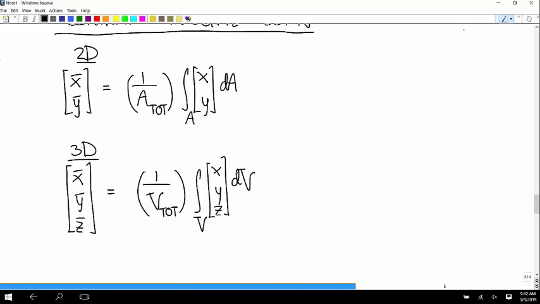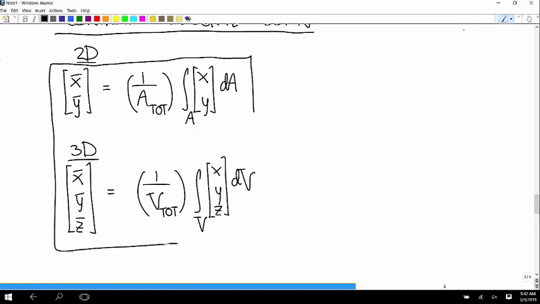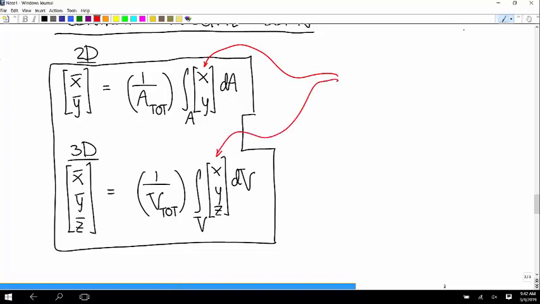And one thing you should keep in mind if you ever use this is that these coordinates x, y, z are coordinates of an infinitesimal piece of this overall area or volume, okay?